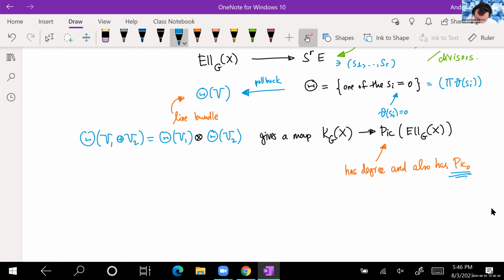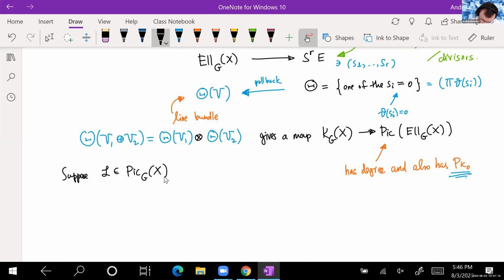This is one simplest example of this construction. Suppose L is a line bundle, so it's already in Pic_G of X.